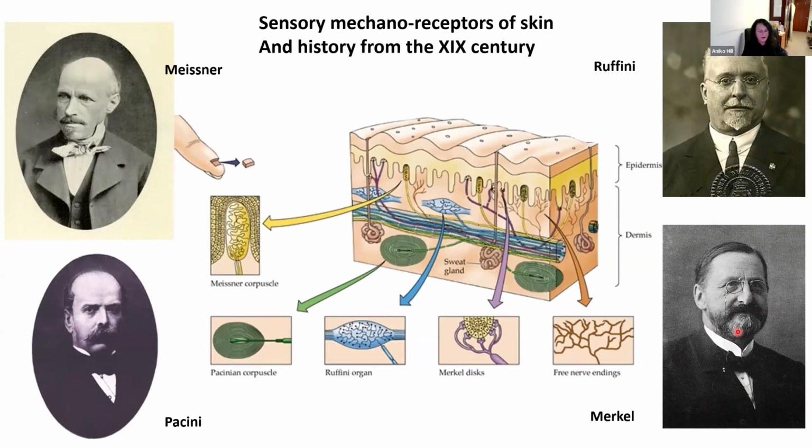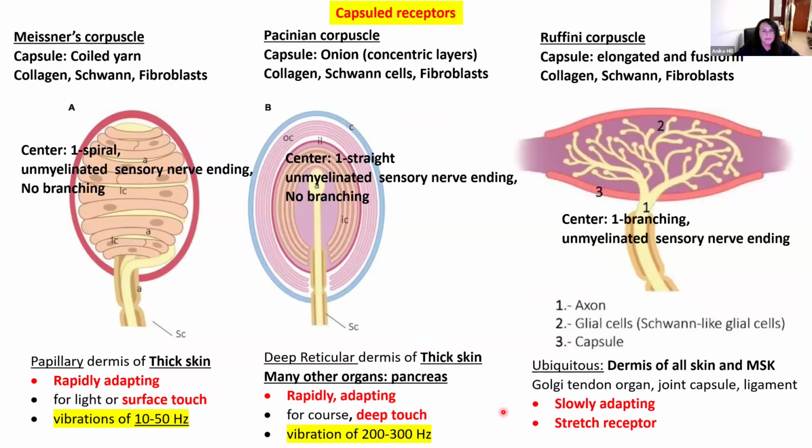And there is one nerve or receptor that I didn't mention, the free nerve endings. This is the most common, the most important receptor actually in our body, but it doesn't have any big name like the other ones.